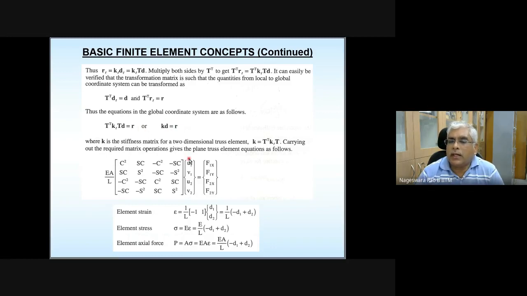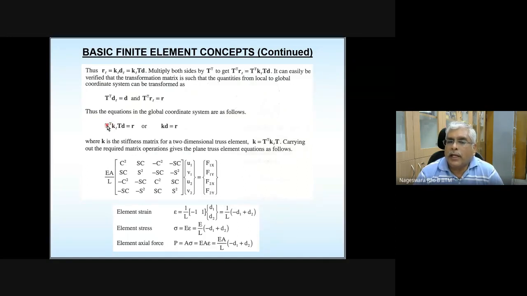So D is this vector, R is this vector, and T you know, so you can find what T transpose is. KL is EA divided by L times the matrix 1, minus 1, minus 1, 1.